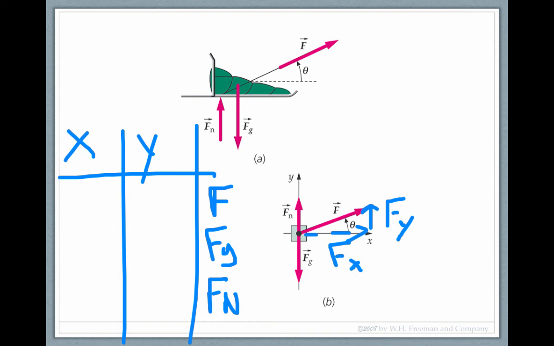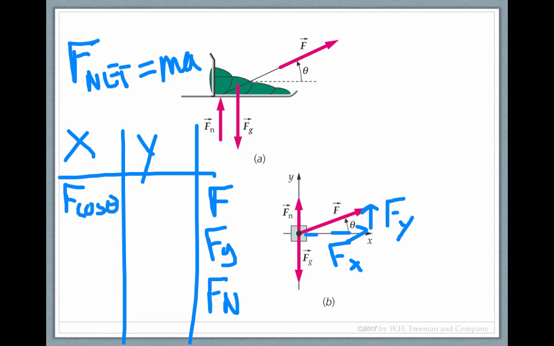Remember, all of these forces must add up to my net force, and we know that net force must equal ma. So if I look at my applied force, I do see a force in the x direction. It looks like force cosine of theta. There is a force in the y direction, so it looks like force sine of theta. The gravity is pulling straight down, so I'm going to put minus mg, since that's how we calculate the force of gravity.